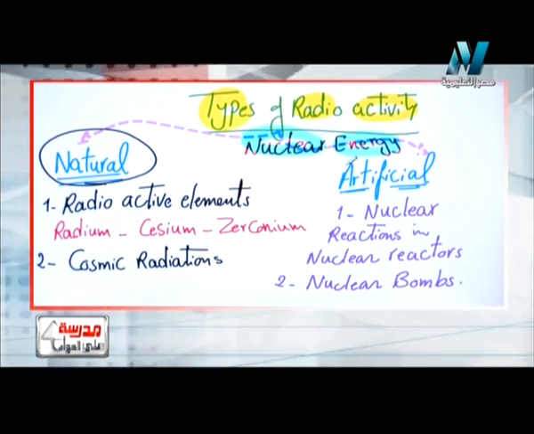Okay, so dear students, now we know the natural sources of radioactivity and the artificial sources of radioactivity. How can we, for example, recognize the artificial radioactivity? As we see in this video, we can see the explosion, like Chernobyl.